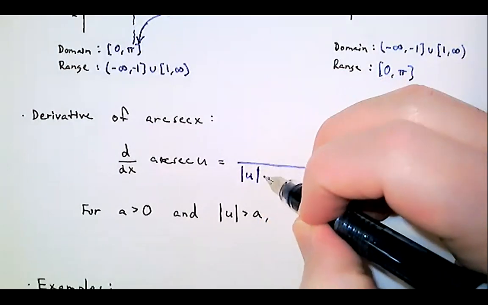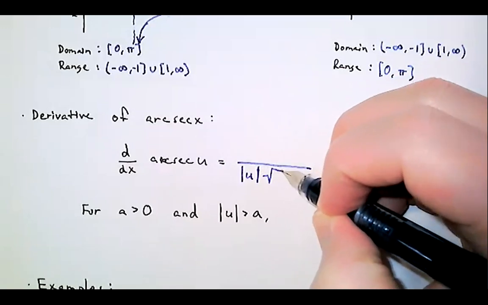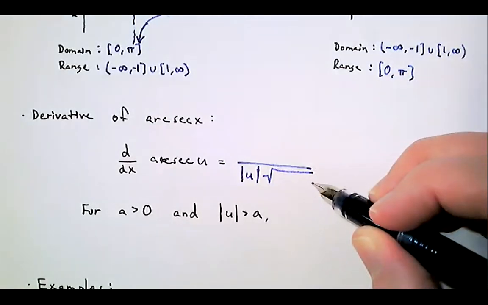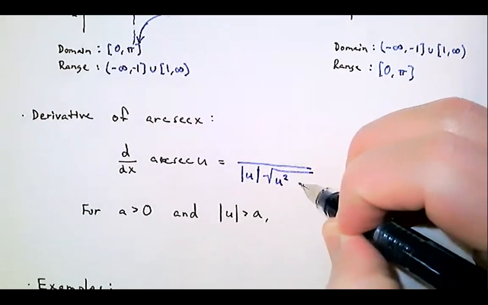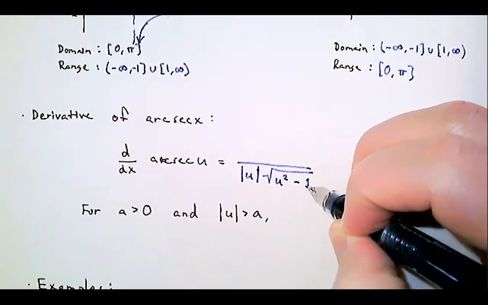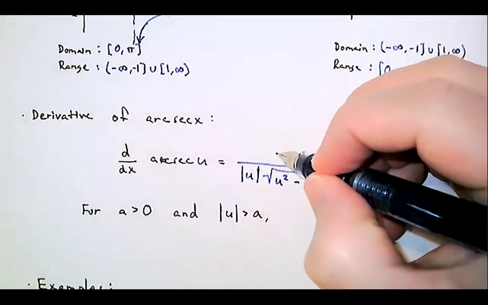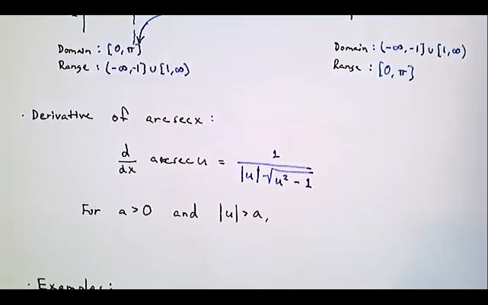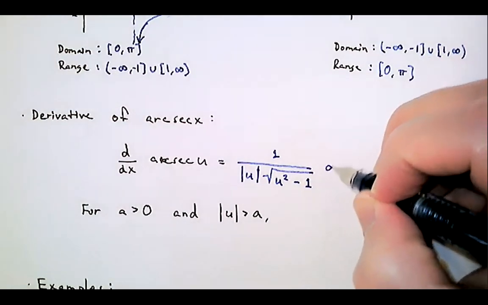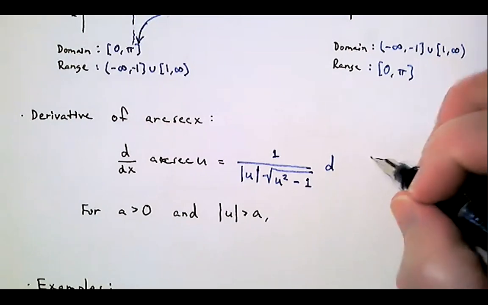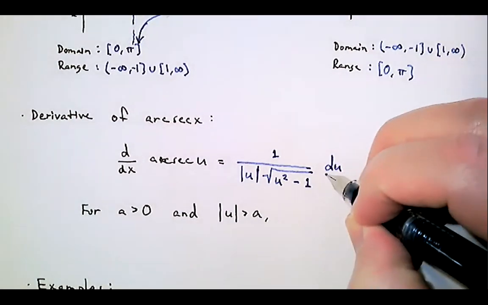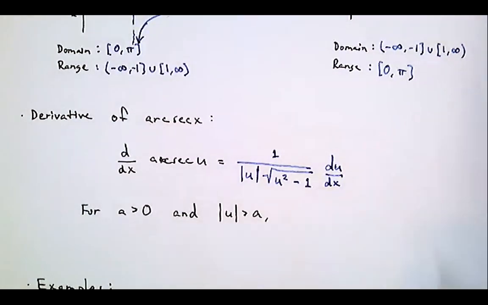It's an absolute value of your variable. And instead of having 1 minus x squared, that order gets reversed. So we're going to have u squared minus 1 in the denominator, and then a 1 up top. And since I'm writing it this way with a u in it instead of x, I have to include the inner derivative, du dx.